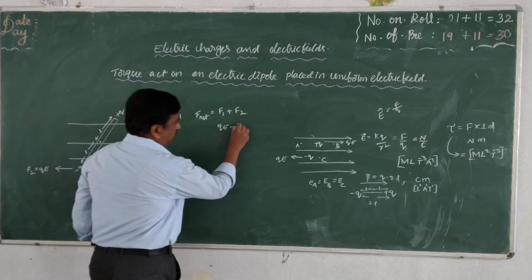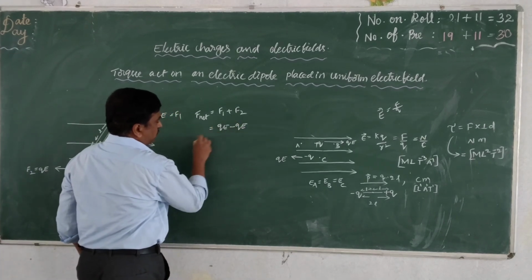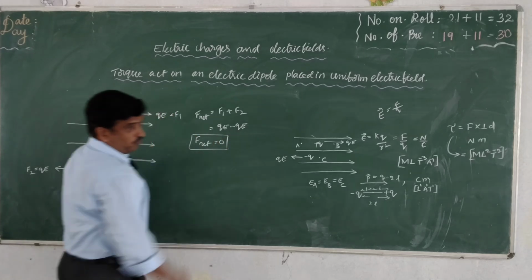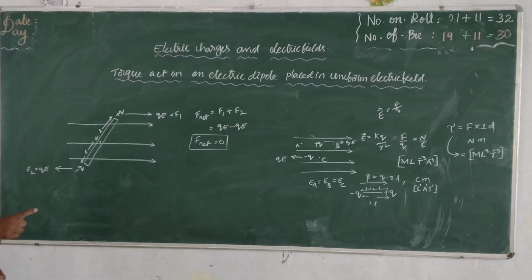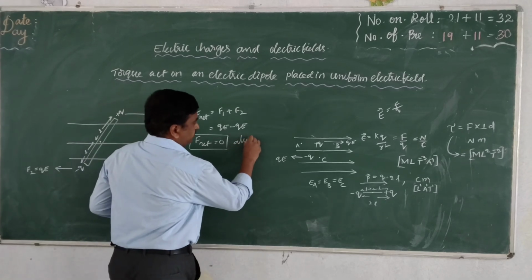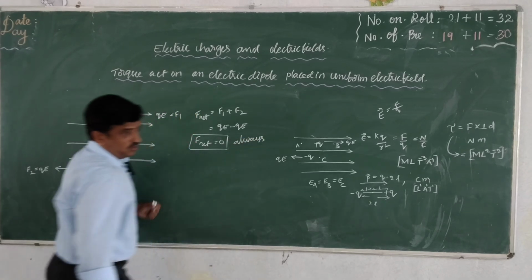So F net equals 0. Whenever an electric dipole is placed in a uniform electric field, F net is always 0.